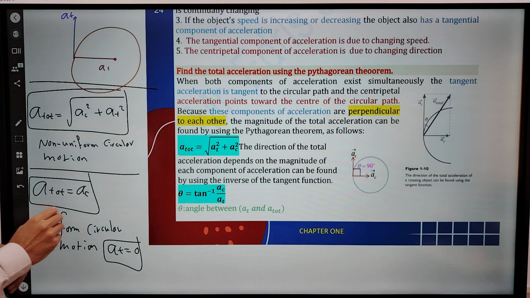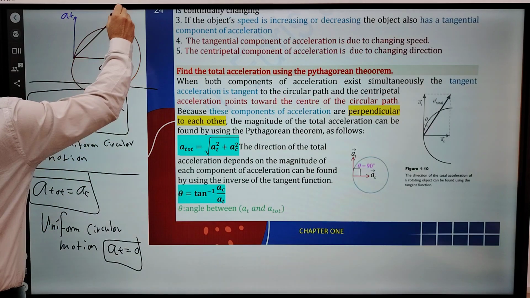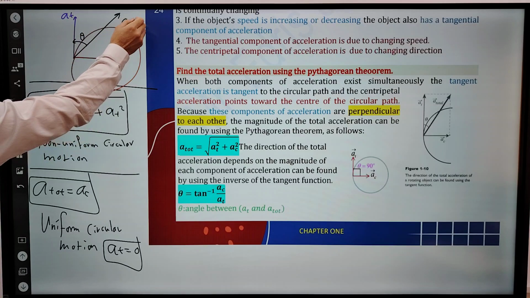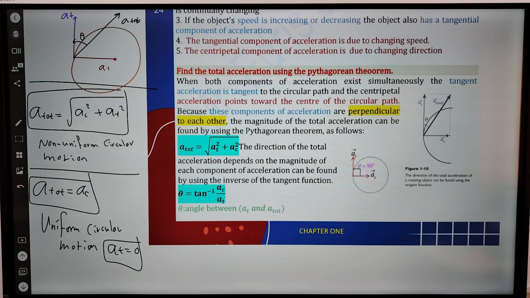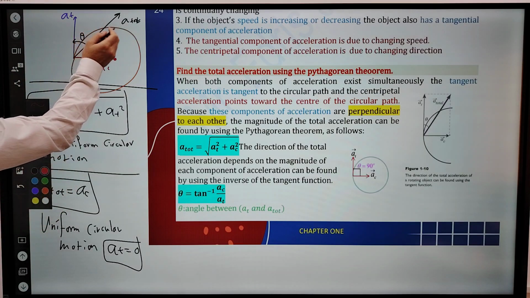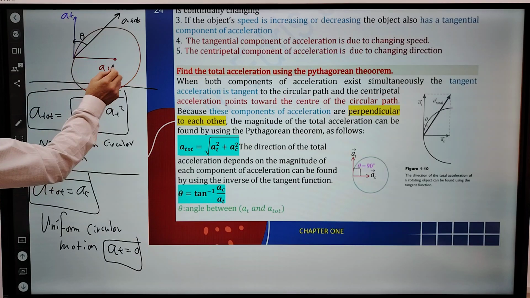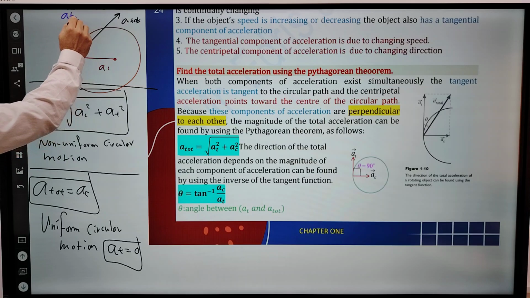How can you determine the total acceleration and its direction, which is the angle between the total acceleration and the tangential acceleration? According to the Pythagorean theorem, A total is equal to what? Adjacent squared plus opposite squared.